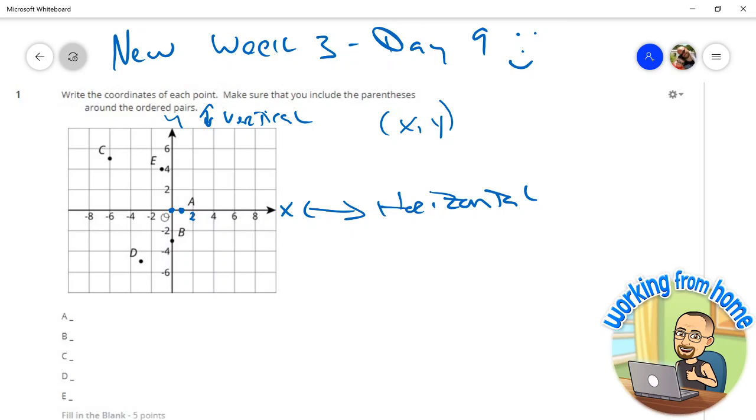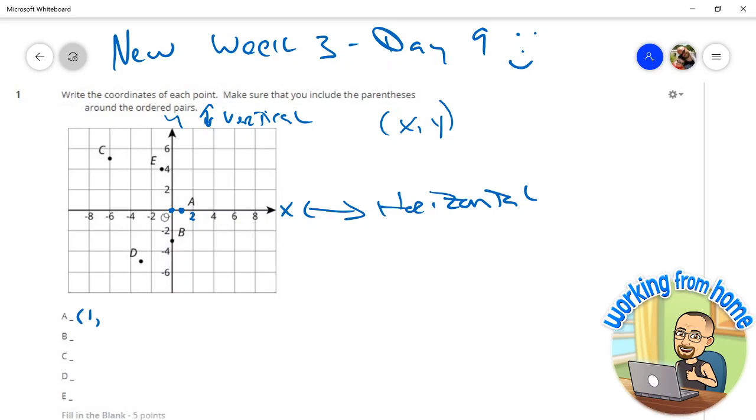So that means the intervals are 2. So that dot where the A is, to me, is probably halfway through. So it means it's going to be half of 2, which would be 1. So A, the x-axis, is going to be a positive 1 because it's to the right of the origin.